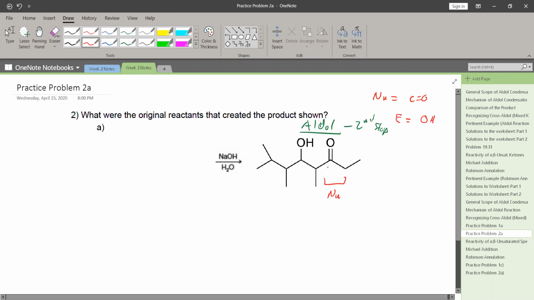But how can we recognize our electrophile? Well, that's our OH. So it's going to be here, and the rest of this molecule will be the rest of the electrophile. Now we have to make a new bond. So this new bond has to be made between our nucleophile and our electrophile. But right here, this is the only bond that connects the two. And so we're going to have to cut this bond right here.